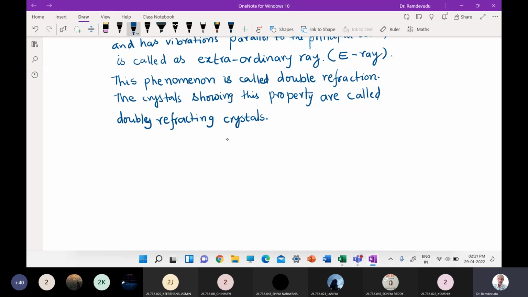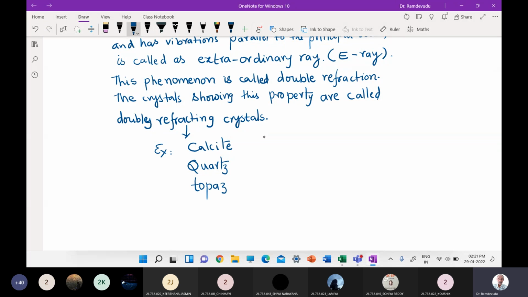Some examples of doubly refracting crystals: calcite is one important crystal. Quartz is also a doubly refracting crystal. Topaz is also a doubly refracting crystal.